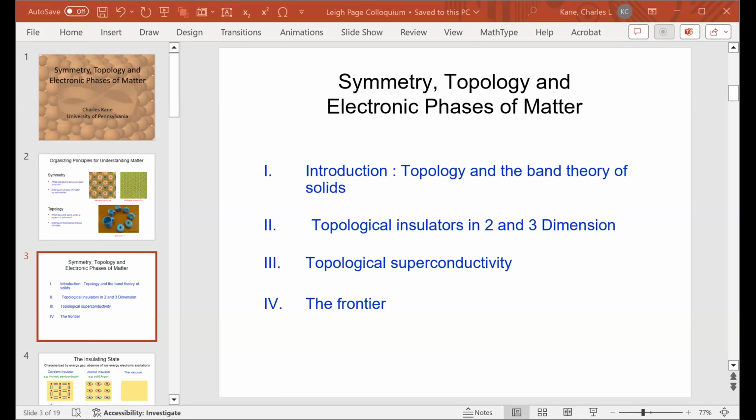And then at the end, I'll try to give you a little bit of a flavor of where things are at the moment and where things are going in the frontier. This is a field that has blossomed in a huge way over the last few decades.